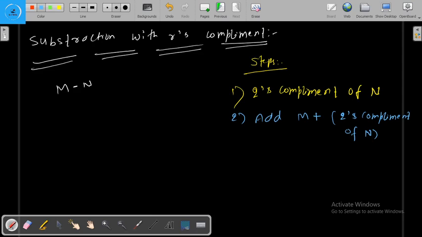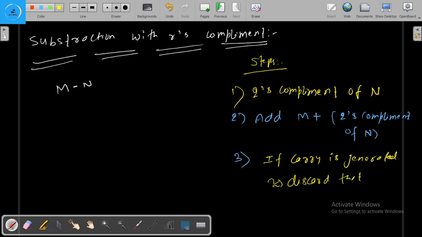What we get after doing the 2's complement of N, we just add with that M. Our third step is to see the carry. If carry is generated, we are going to discard that carry. We are going to neglect, or discard, that carry.